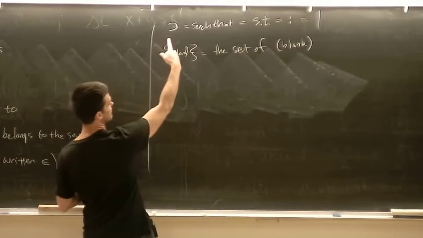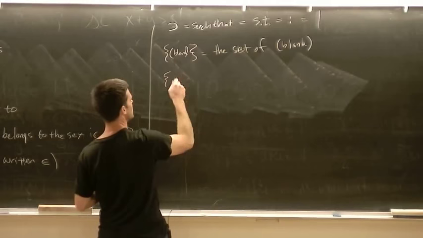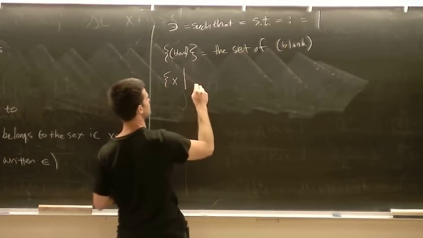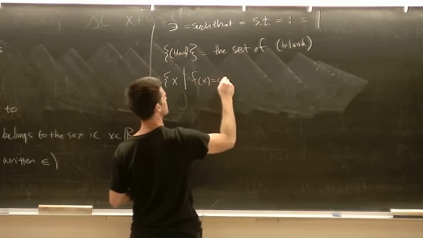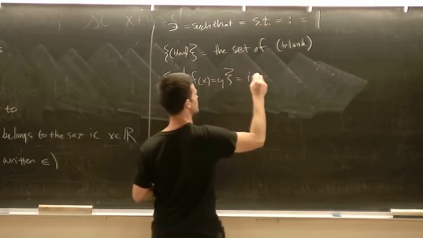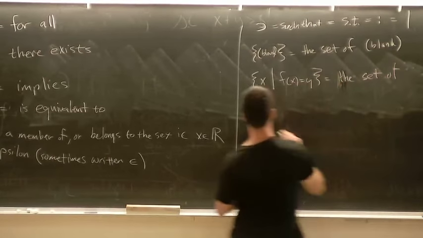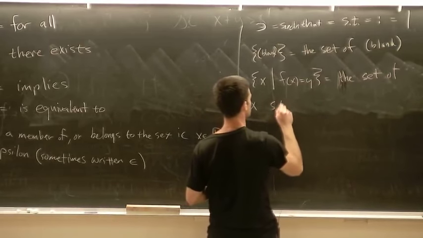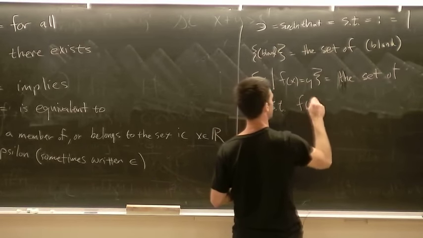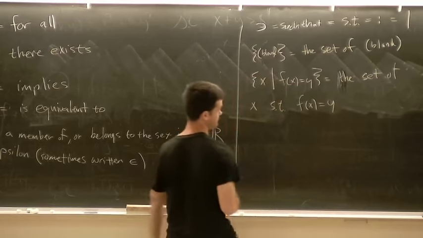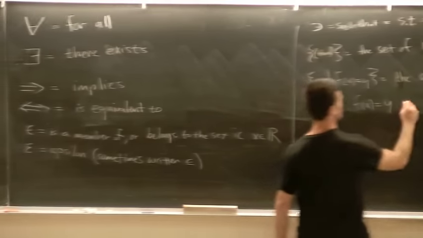To give you an example of the such that symbols, if you saw something like this, x such that f of x is y, this is the set of x such that f of x equals y.